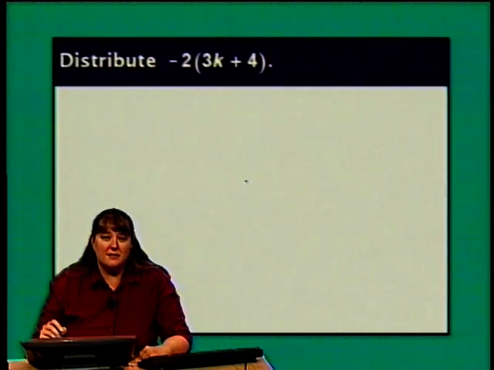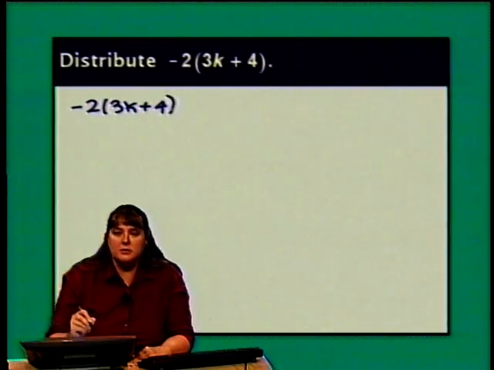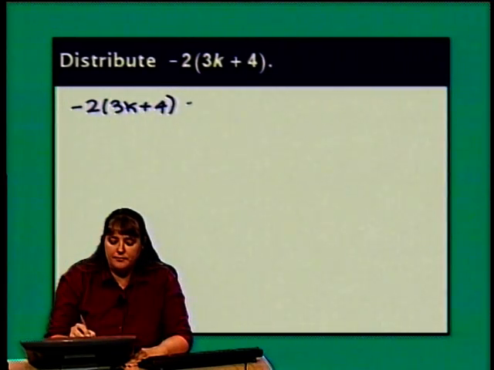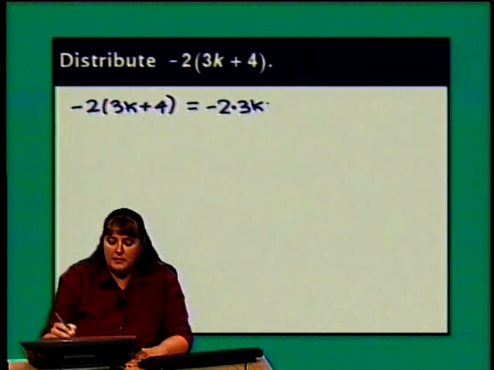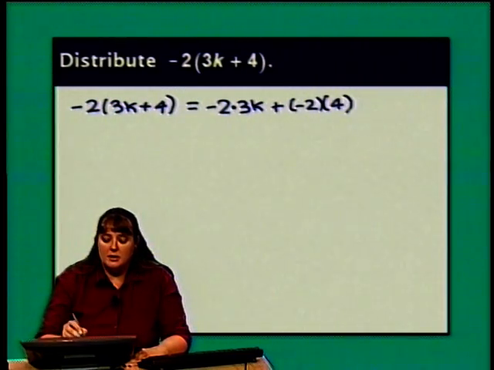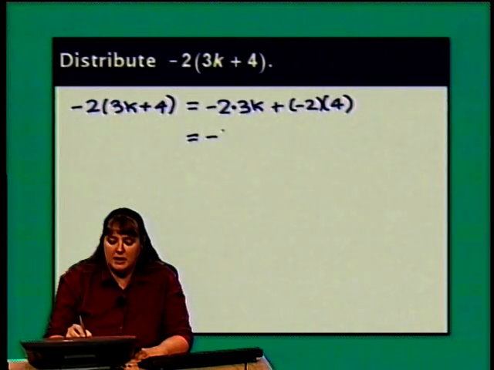Now let's try negative 2 times the quantity 3k plus 4. So I need to distribute the negative 2 through to each of the terms in parentheses. So I have negative 2 times 3k plus negative 2 times 4. Negative 2 times 3 is negative 6, so my first term is negative 6k.